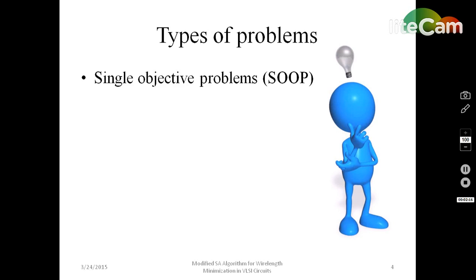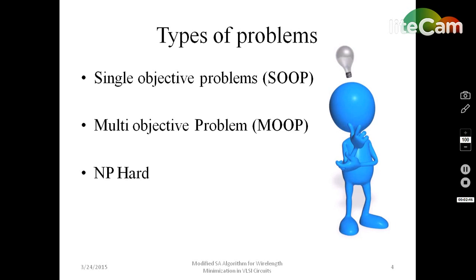For example, if a minimization problem is concerned with wire length alone, then the problem is said to be a single objective optimization problem. Whereas if the same problem is concerned with minimizing wire length, dead space, area and several criteria, that is, several objectives have to be minimized, then the problem is said to be a multi-objective optimization problem.